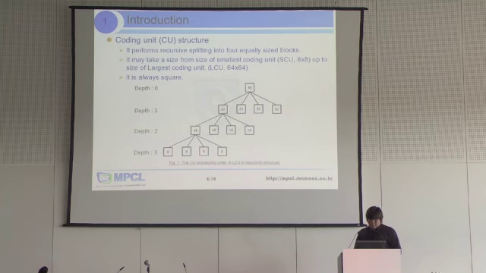The coding unit structure performs recursive splitting into 4 equally sized blocks. Figure 1 shows the CU processing order in the recursive structure. It may take a size from the smallest coding unit, SCU, up to the largest coding unit, LCU.